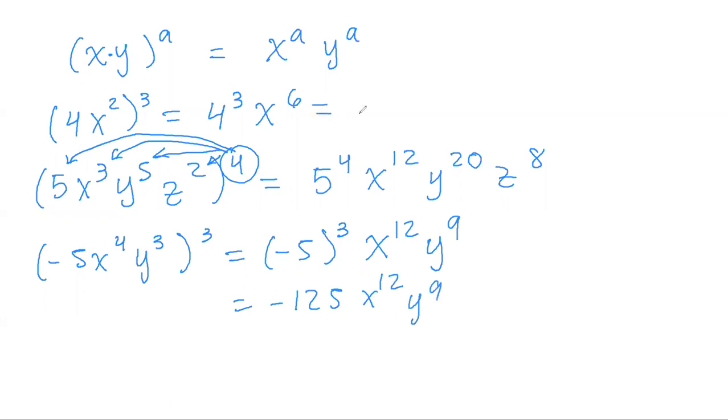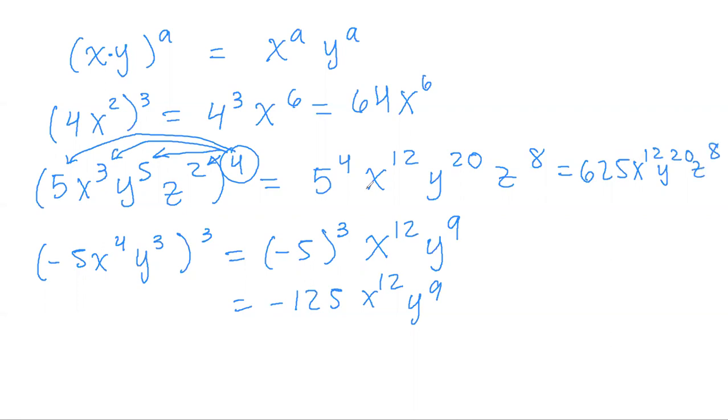I should mention that realistically in the TSI they might have their answer choices actually solved, and 4 cubed is 64 x to the 6, and then for this previous one it is 625 x to the 12th, y to the 20th, z to the 8th.